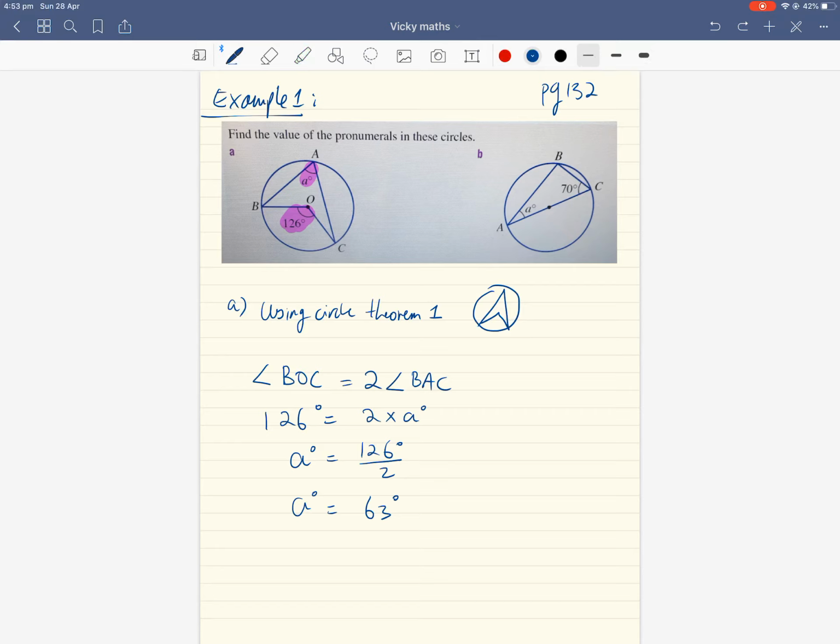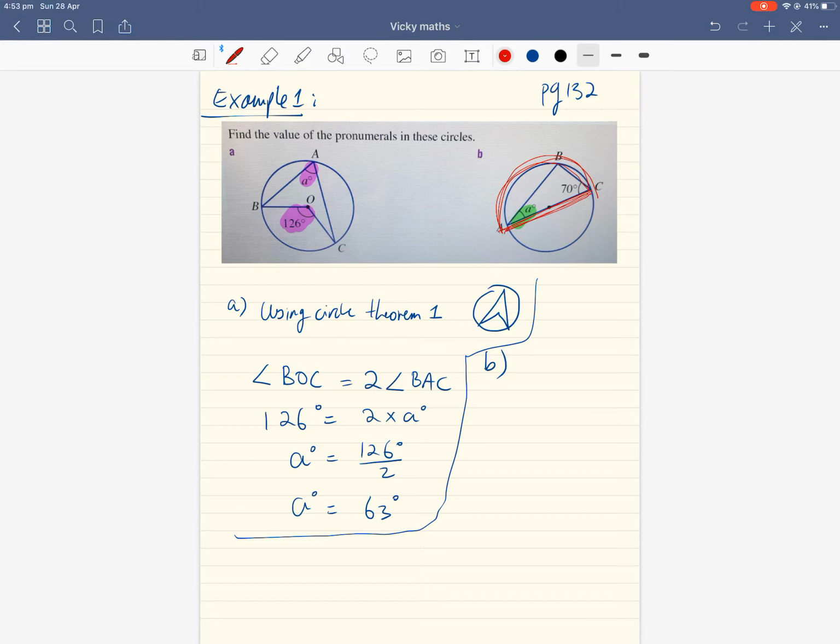Okay, let's do part B. I'll just squish part B down here. Part B says find what this A value is. We've got a triangle ABC. In fact, AC is a diameter, so it spans across, and so we have a semicircle.